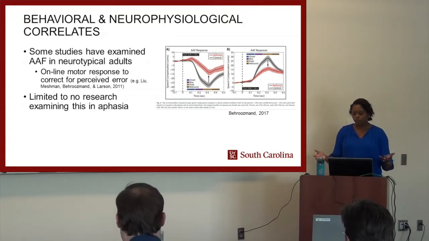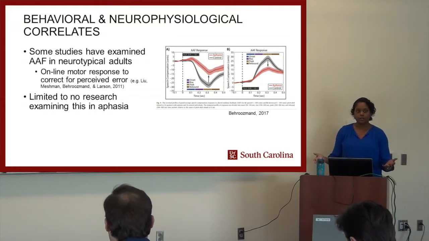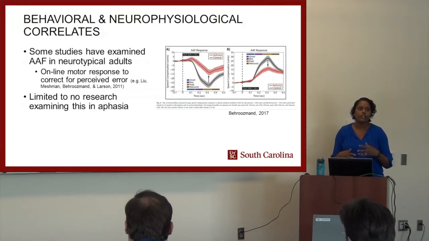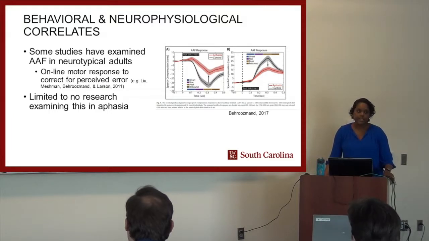So we weren't sure exactly what to expect. It may be that individuals with aphasia don't compensate to the same degree, but we did expect, because they have a variety of lesion locations and other differences, that they'll demonstrate more variance in the degree of speech compensation than the control participants.